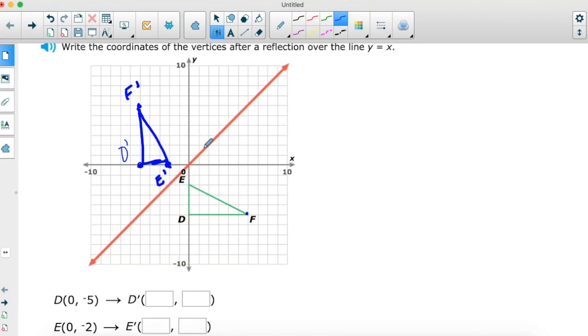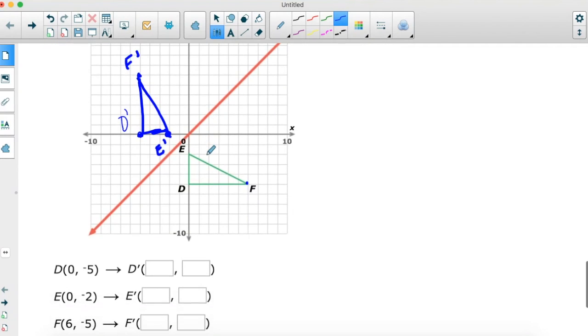Okay, so the points, D prime is located at, let's see, 1, 2, 3, 4, 5. So this is a -5 and 0. E prime is right here. So from the origin, it's 1, 2 spaces, -2 and 0.